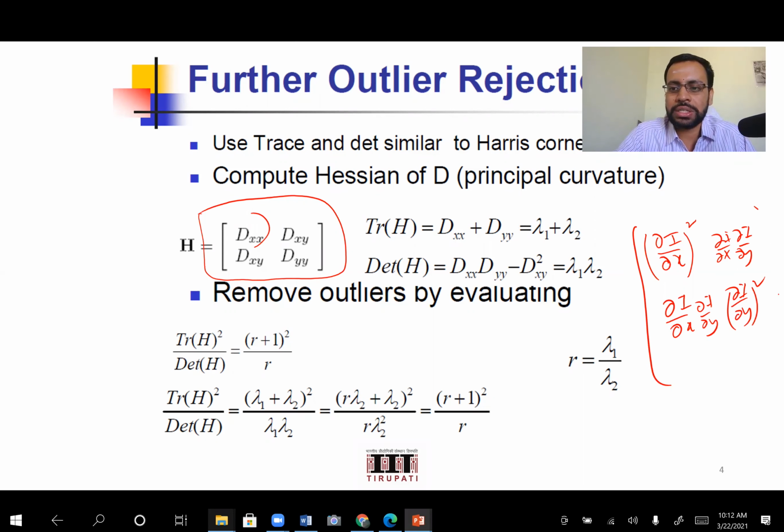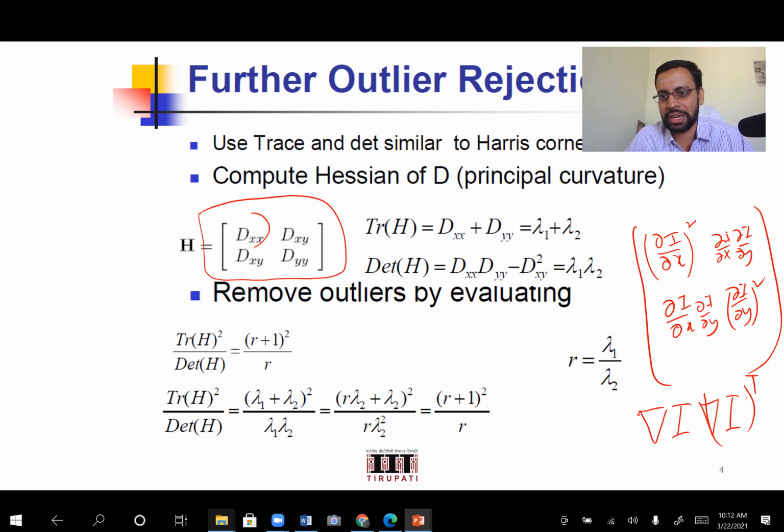This was your second order moment. Notice that in the second order moment you are in fact simply computing the first order derivative itself. I could also have represented it as the gradient times its transpose. That's the first order derivative itself.